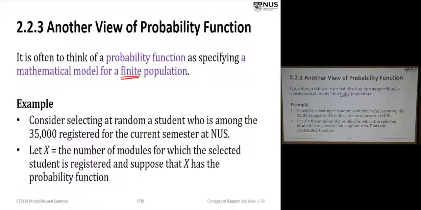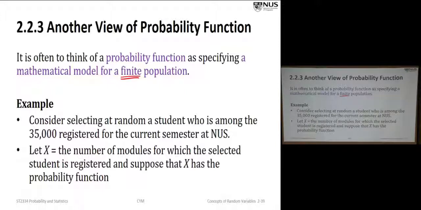I have not tossed it, but you know the possible outcomes are head and tail. The same thing: if I select a student and ask how many modules he takes, there's a fixed number. But the randomness comes in because I can select a student randomly. You don't know who is being selected, so that is the randomness part. So X represents the number of modules taken by a student, but because this student is randomly selected, it can be anyone.